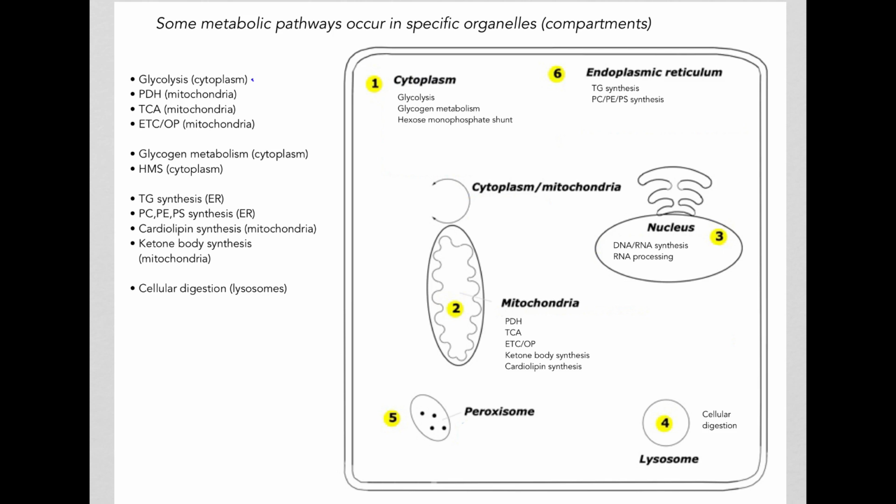For example, glycolysis occurs in the cytoplasm; PDH, TCA, the electron transport chain and oxidative phosphorylation in the mitochondria; glycogen metabolism in the cytoplasm; HMS in the cytoplasm; triglyceride synthesis in the endoplasmic reticulum; synthesis of phosphatidylcholine, phosphatidylethanolamine, phosphatidylserine, all in the ER; cardiolipin synthesis in the mitochondria; ketone body synthesis in mitochondria; and cellular digestion, which occurs in the organelle that we call lysosomes.